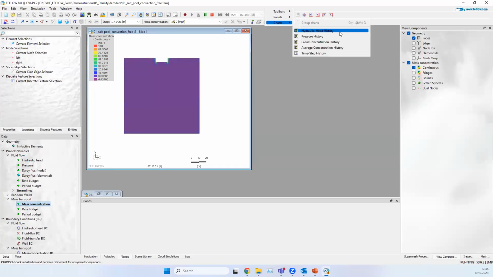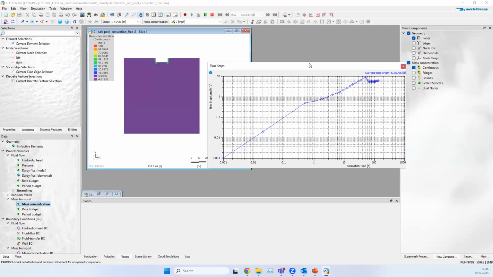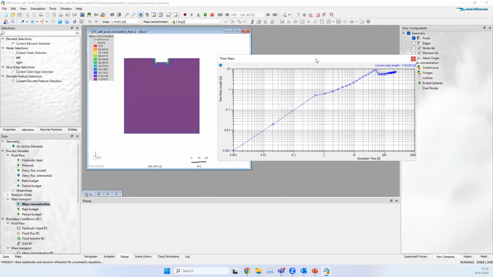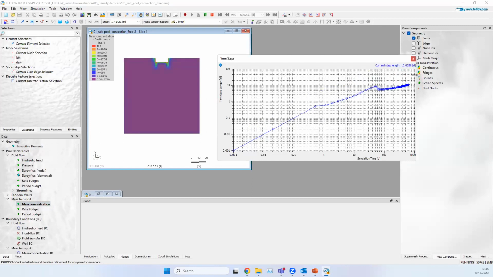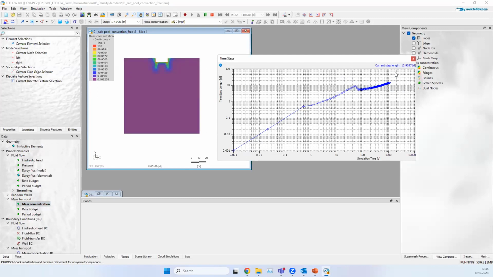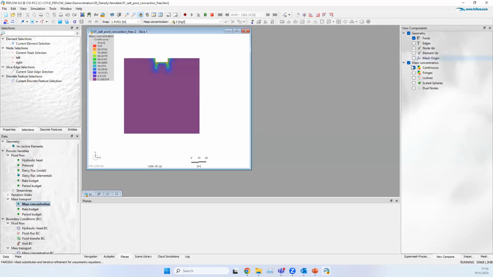If I look at the time steps, FEFLOW needs to decrease the time steps to keep the accuracy. It will take a few seconds more to finish. And then you see that the picture of the distribution of the concentration is totally different from the previous case. So while it is running, I use the time to start answering some of the questions.